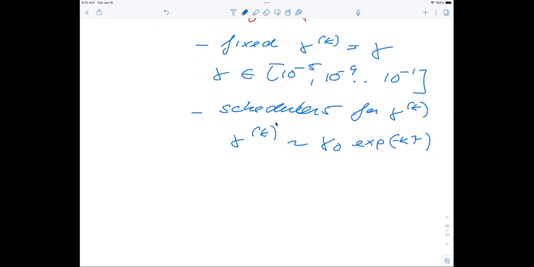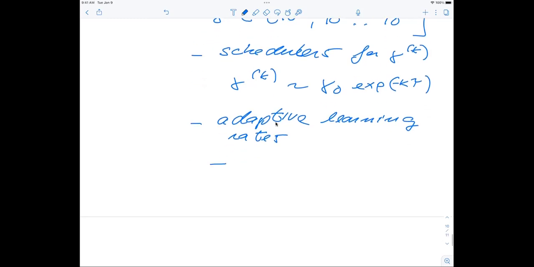Then we have the more advanced ones, which are called the adaptive learning rates. And they keep some information about the gradients. So that means for every iteration, you try to bake in some information about the gradients in the calculation of the learning rate. Adaptive learning rates. And here you will find famous methods like ADAM, the one I mentioned, which has more than 120,000 citations in 8 years.